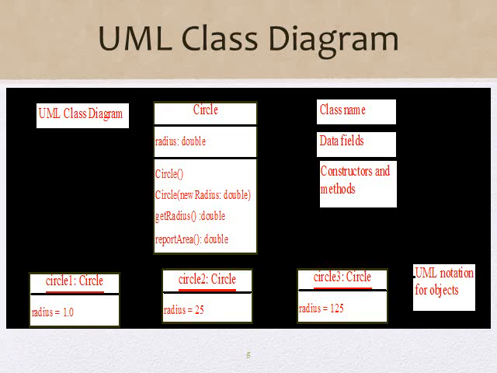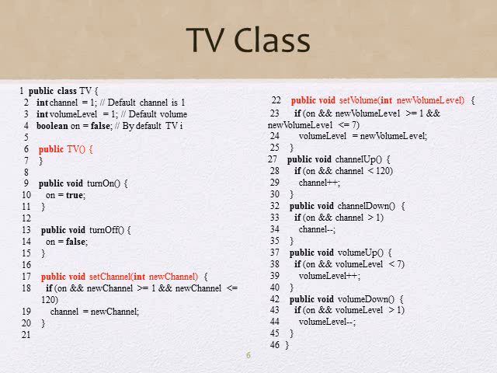Once the object is instantiated, the programmer has full access to the public methods of the object, and it's the public methods that define the behavior of the objects that we create.